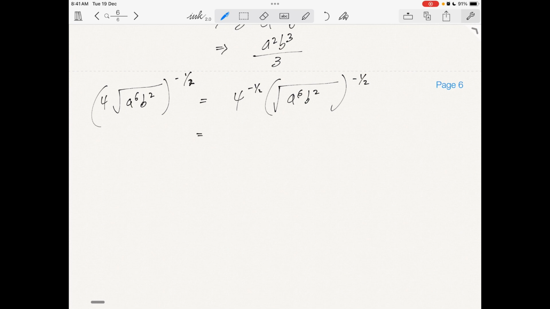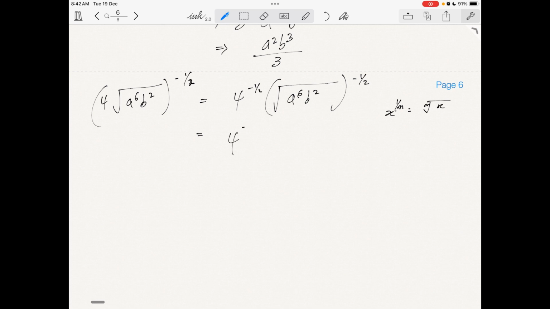Now after applying the power rule there, we can deal with the square roots. Remember x raised to power 1 over m is equal to the mth root of x, like we've been doing before.